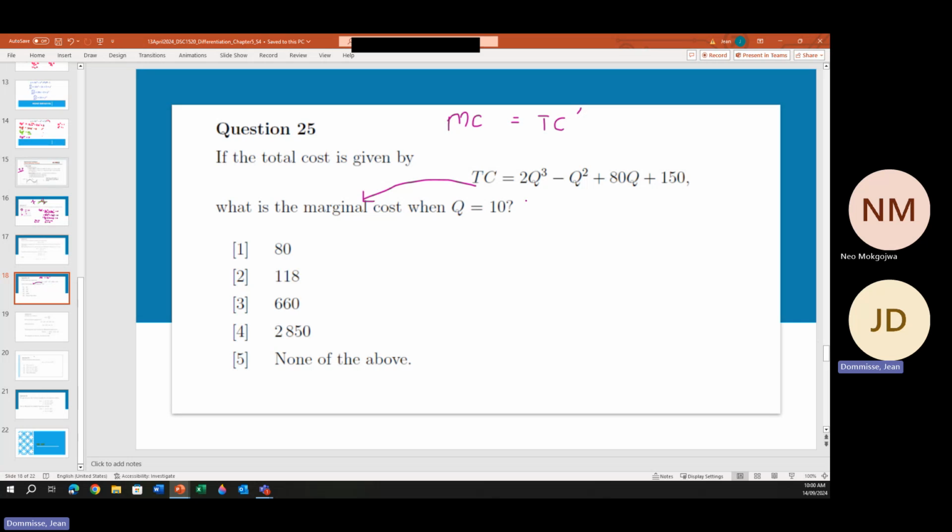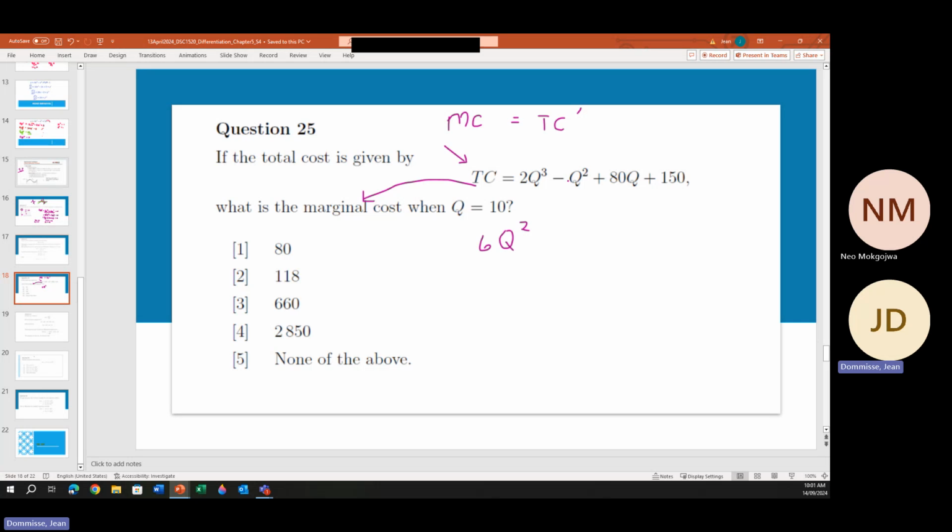So when we look at differentiating this function, we follow the same process. 3 goes to the front, 3 times 2 is 6. We'll have Q, 3 minus 1 is 2.